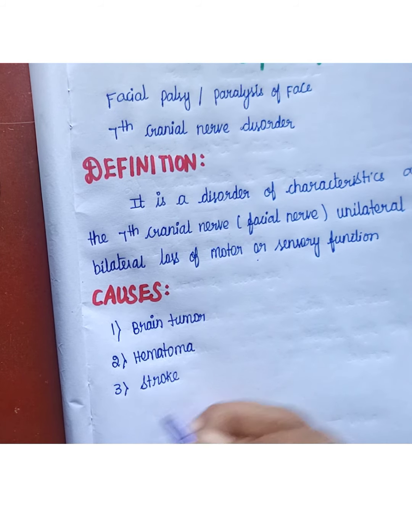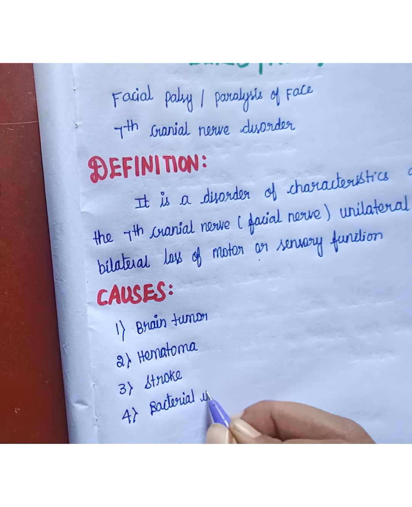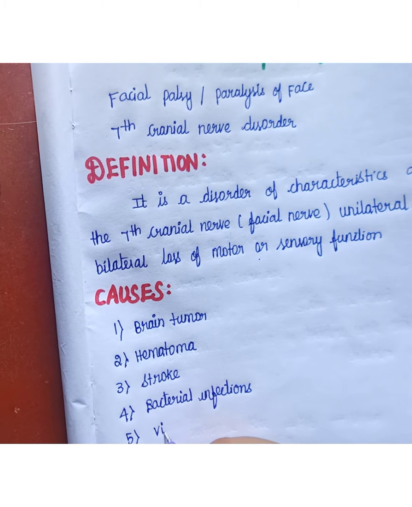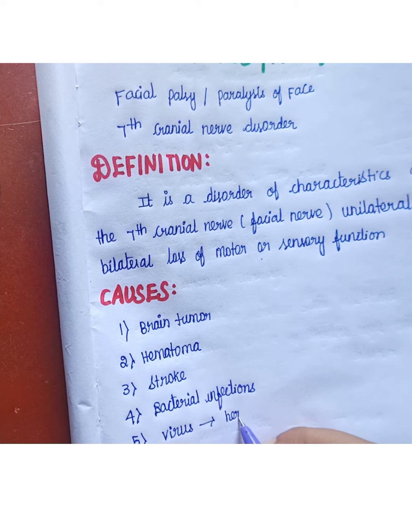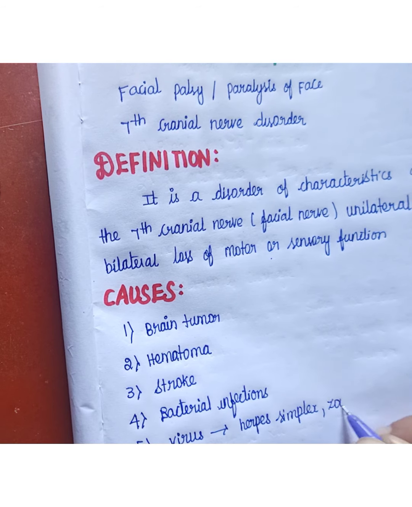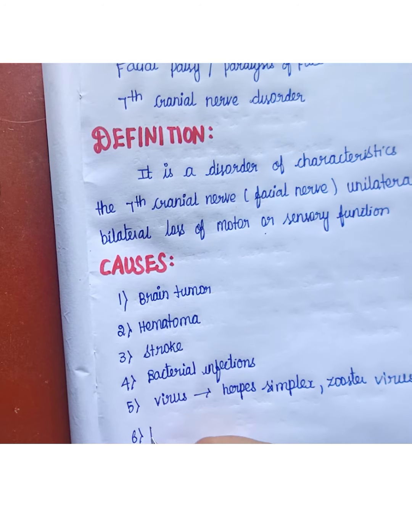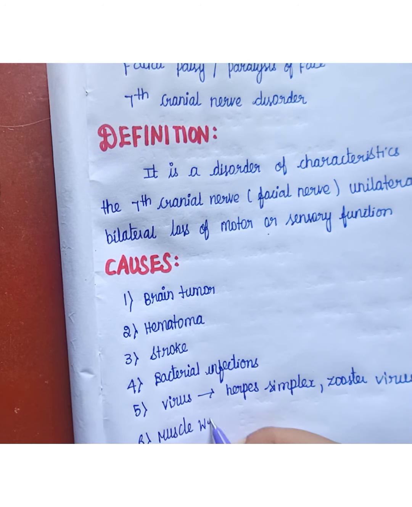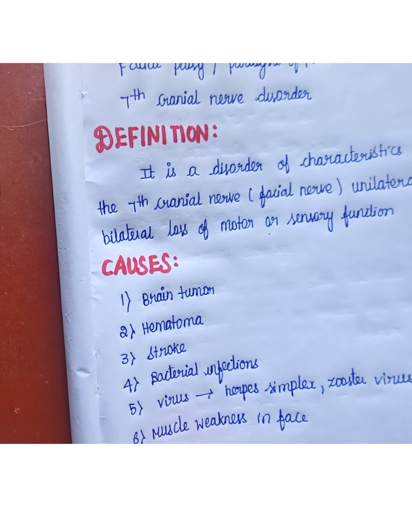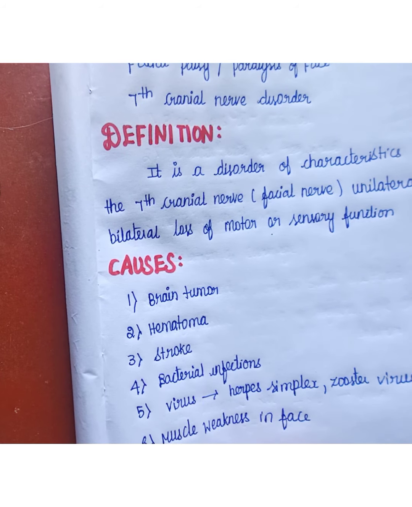The fourth is bacterial infection and virus, like herpes simplex and herpes zoster virus, muscle weakness of the face, and Epstein-Barr virus. So these are the causes of Bell's palsy.